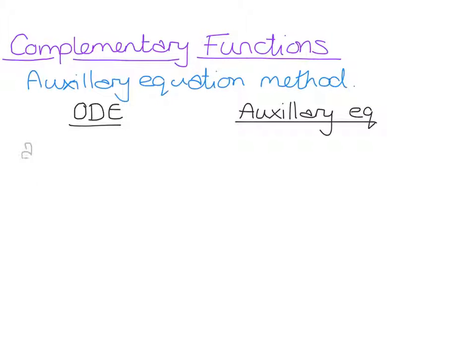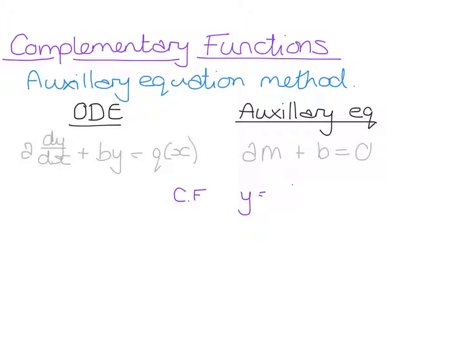So if we have the ODE a times dy by dx plus by equals q of x, so the first order differential equation, then we have the auxiliary equation am plus b equals 0. This has one root, which is m, so we have a complementary function of y equals c times e to the power of mx, where c is an arbitrary constant and m is our one root.